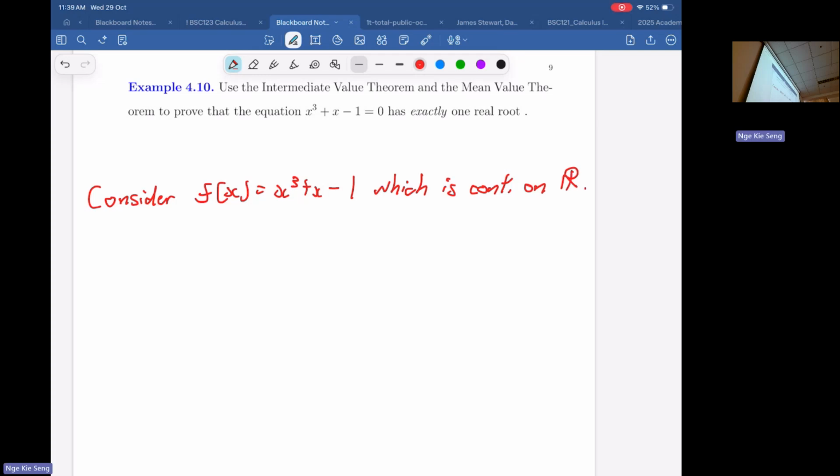So you want it to be 0, right? If you're going to use the intermediate value theorem to make sure that you have this 0, you need to make sure that you have f that is above 0 and below 0. So you need to find some x such that f(x) is greater than 0 or less than 0.